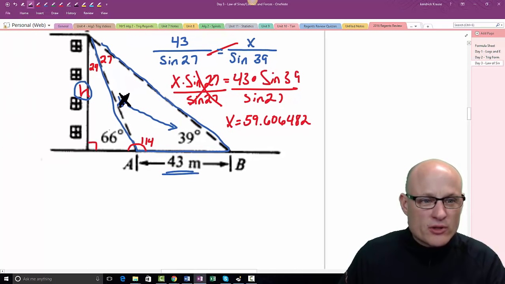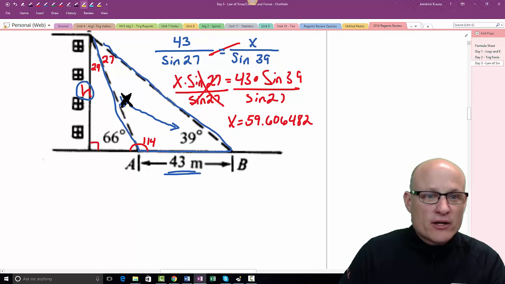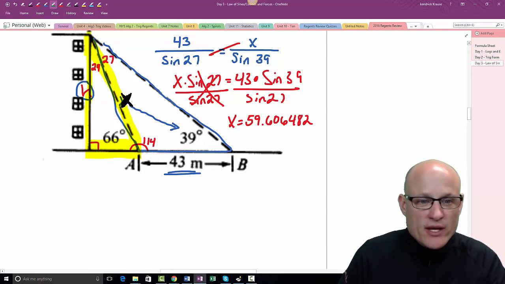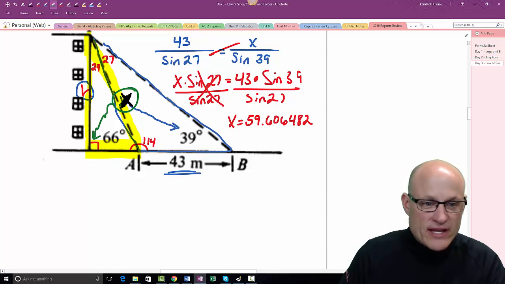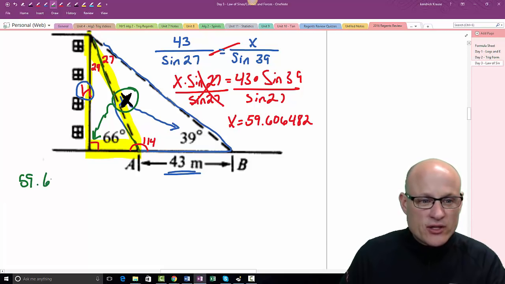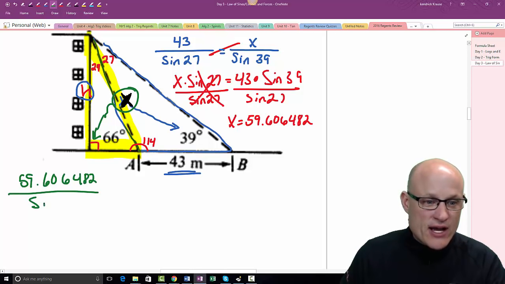Now we're going to concentrate on this triangle right here. We have this value now, so I'm going to put that value over the sine of the angle opposite it: 59.606482 over the sine of 90.